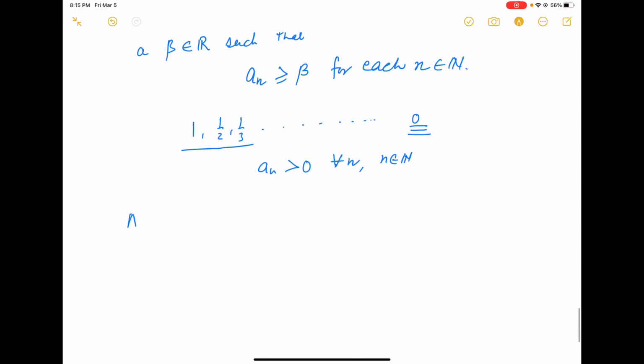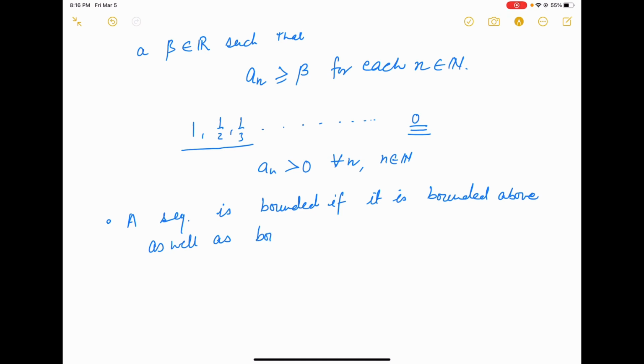Next definition: a sequence is bounded if it is bounded above as well as bounded below.